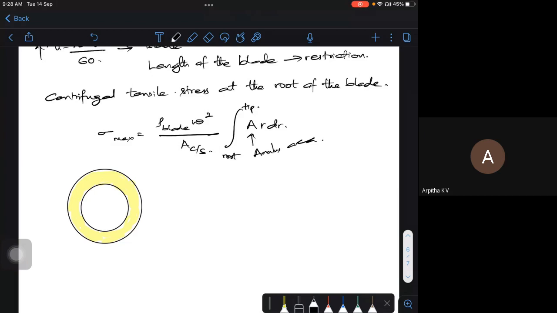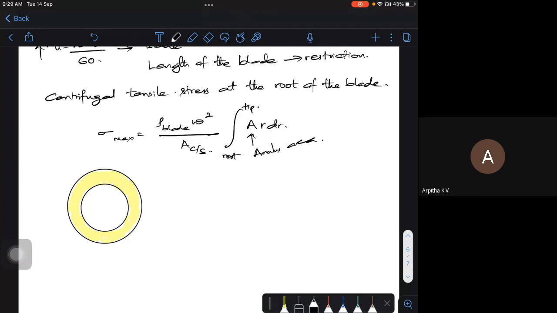If the root to tip is bigger, that means if I go for higher length blades, then this particular A will become bigger, even for the same blade material, so that becomes critical for me. Is that clear? At any given point, I need to ensure that this value is within the limits. Why is this limit there?